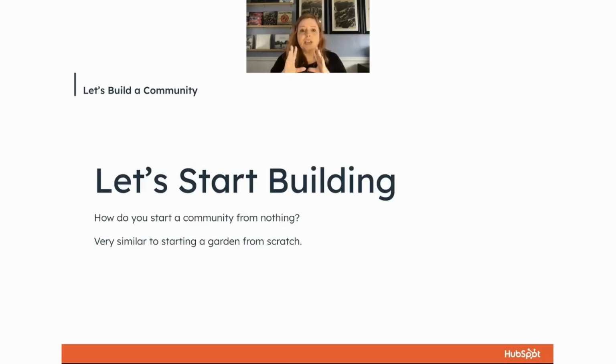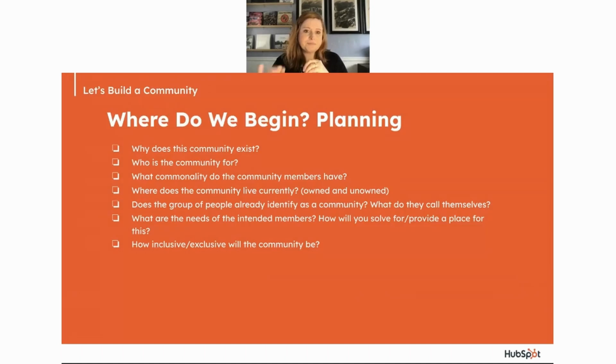And so it's very much the same process. You need to be thinking about, how can I create this space and make it so it provides the best ecosystem for the people, the plants that I want involved.